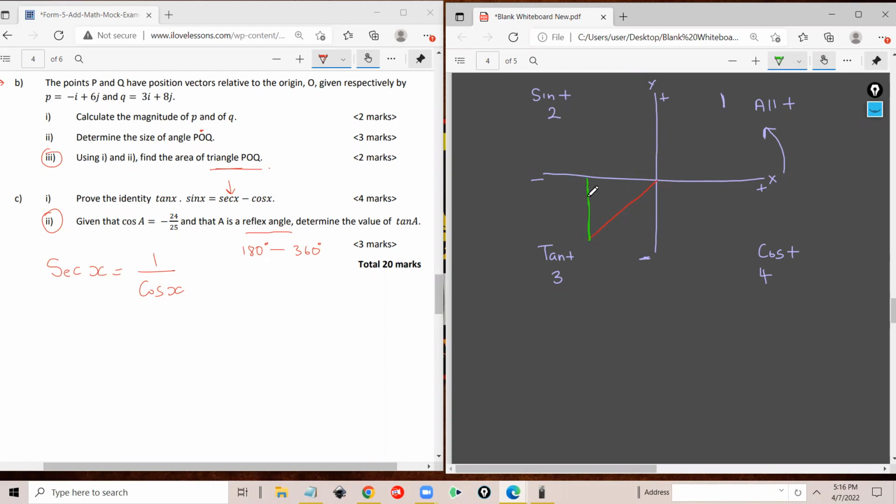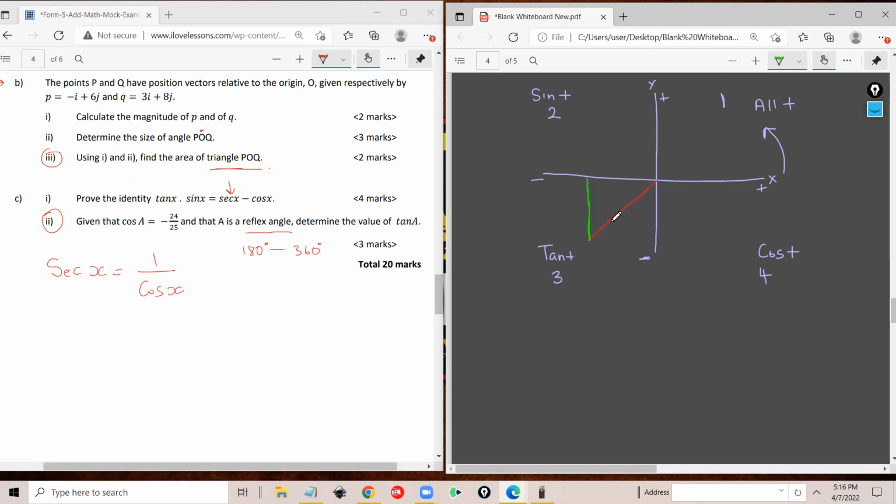Whenever you calculate any values, whatever value you get, make sure afterwards you put a negative sign. Also, this purple line here is definitely on the negative part of the x-axis. So whenever we do calculations, even if we get a positive value, we're going to put a negative.